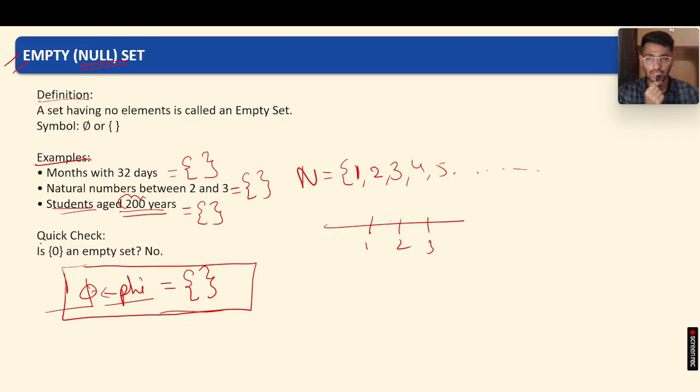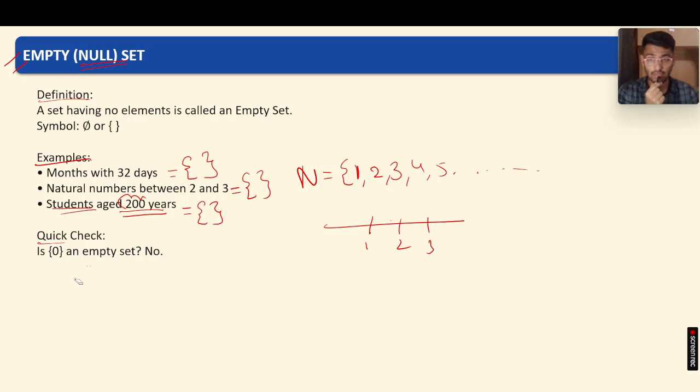Now, quick check: is 0 an empty set? Just wait. Let me write it as A equals {0}. Could you comment on whether it is an empty set?